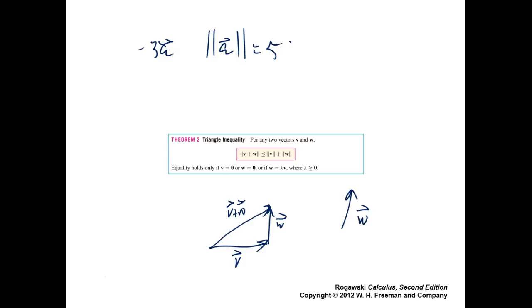What is the length of negative 3a? 15. Perfect. Okay. Everybody see that? 12, 15. Got it. That follows from our definition. Do we have time for 3? 1 minute. Let's see it.